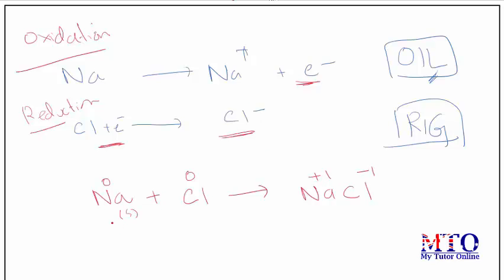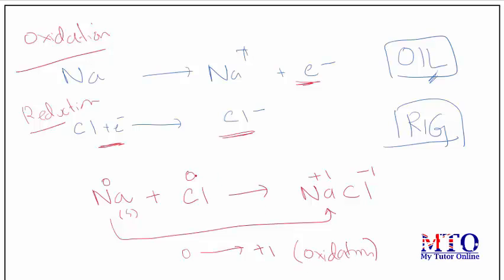So what is happening here is that sodium is moving from 0 to +1. So this process is oxidation. And chlorine is moving from 0 to -1, so the process must be reduction.